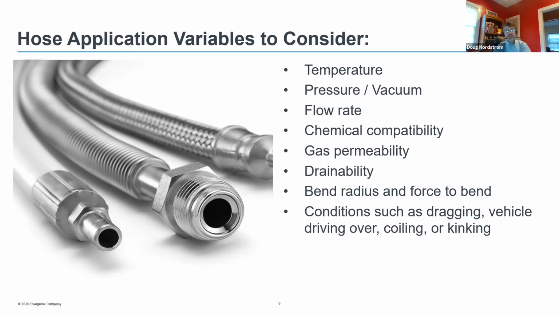And then, of course, we get down to the bending of a hose. Most hoses are very flexible, and there are 2 factors that need to be considered. Usually only the bend radius is considered by most people speccing in a hose, but the force to bend is very important. We've seen hoses that have a very small bend radius. You can make a very tight bend, but it takes an extreme amount of force to get to that bend radius.